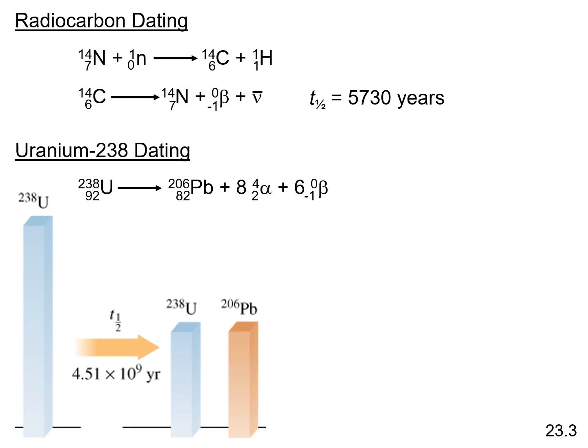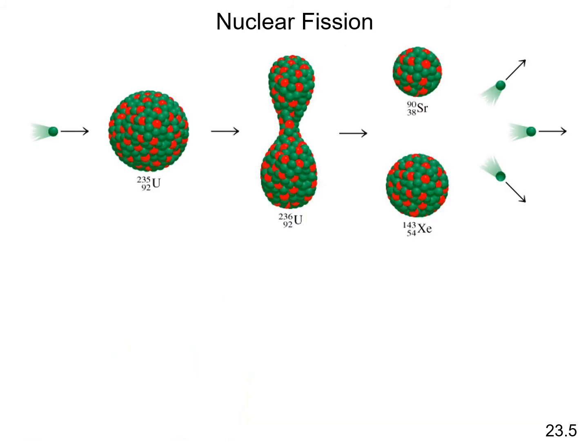So we can estimate the age of any artifact or any life form, like let's say a bone, using carbon dating. That's one application. So let's go to the very interesting application of this nuclear chemistry.